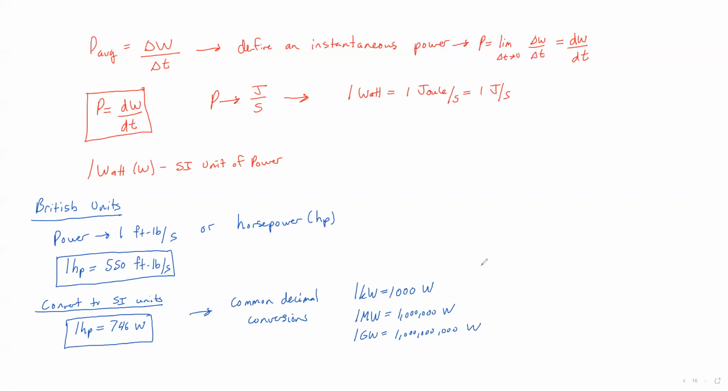So these are just some conversion factors that might be useful when dealing with power units. Now, where is power most common, or where is the watt most commonly used?